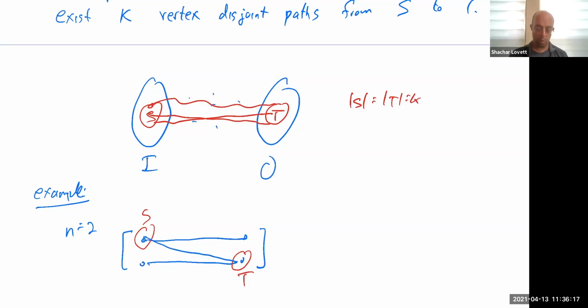Maybe I'll do this now. This is still not okay because I can choose this to be S and this to be T. So I also need to connect this one. Well, that's just a complete graph.